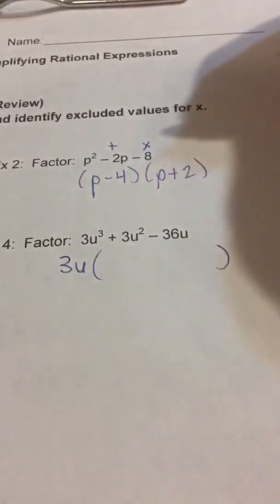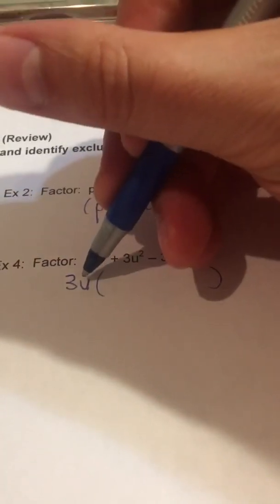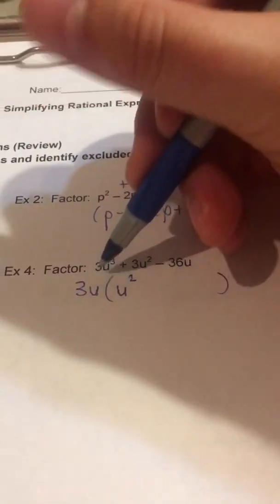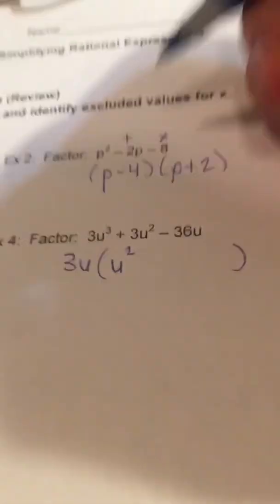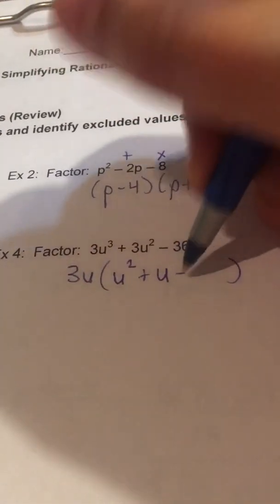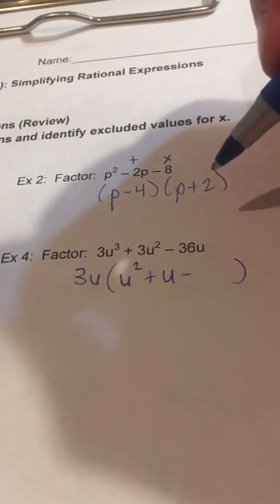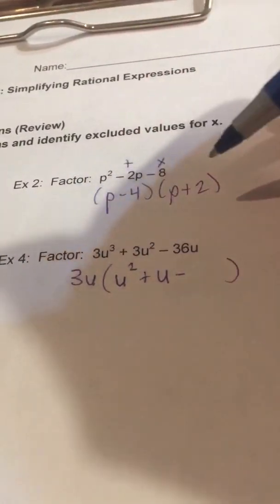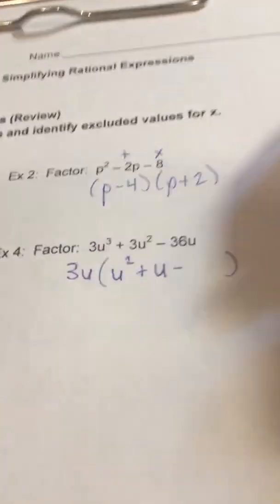So one big parentheses, that's going to leave me with 3u to the third divided by 3u is going to give me u squared. Remember, there's a 1 right here, exponent. You subtract exponents when you divide. So that's u squared plus 3u squared divided by 3u is just u. Then minus 36u divided by 3u is, okay, 36 divided by 3 is going to be 12. So that can be 12u or just 12?